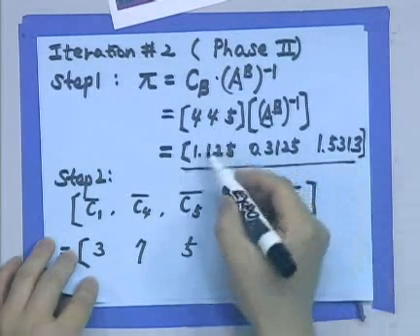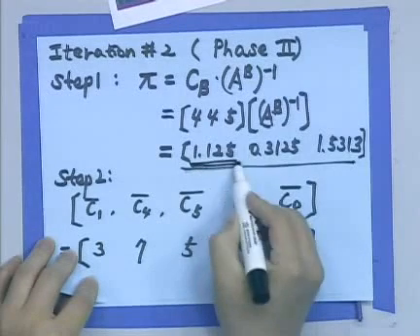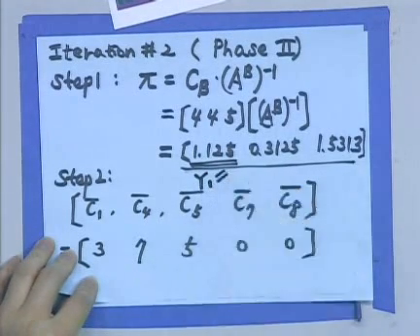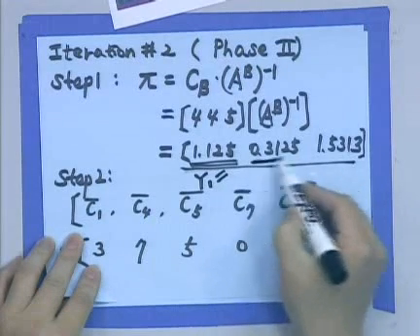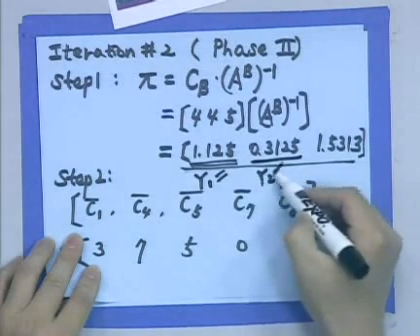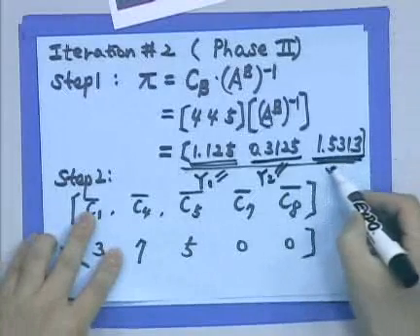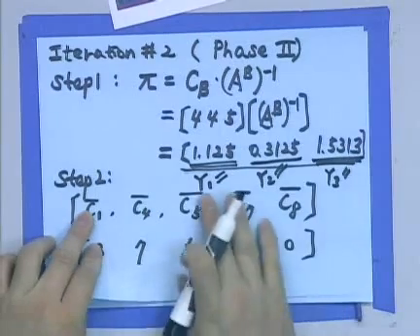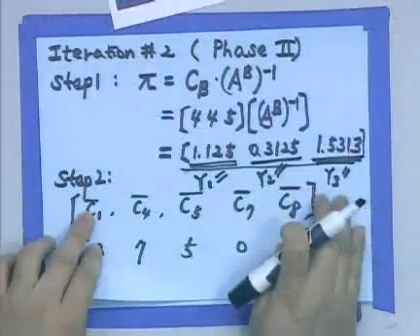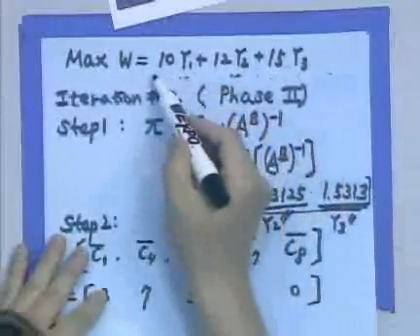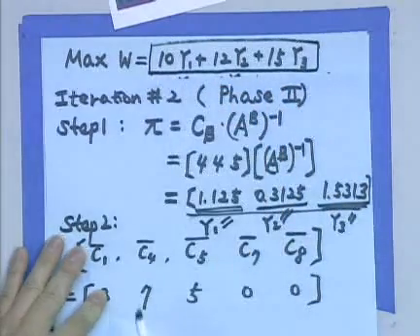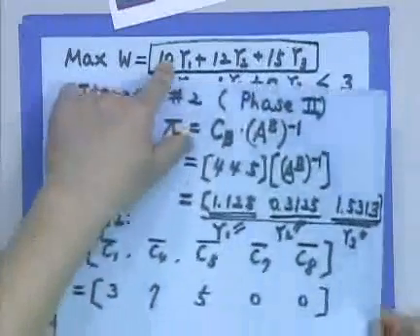The pi1 value is the y1 value, pi2 is the y2 value, and pi3 is the y3 value, okay? If you use these y1, y2, y3 values in the dual objective function, then you will get the dual objective function value right away.